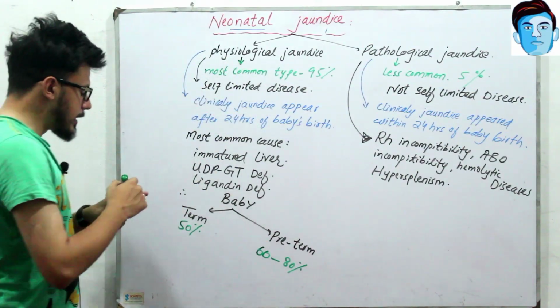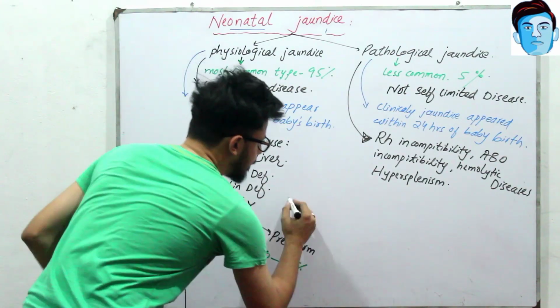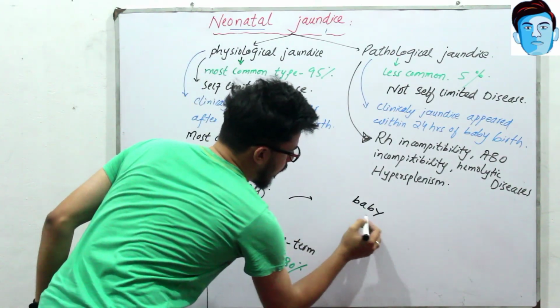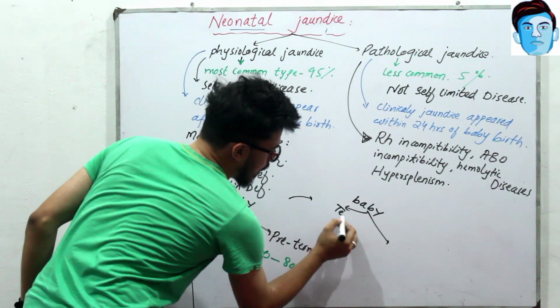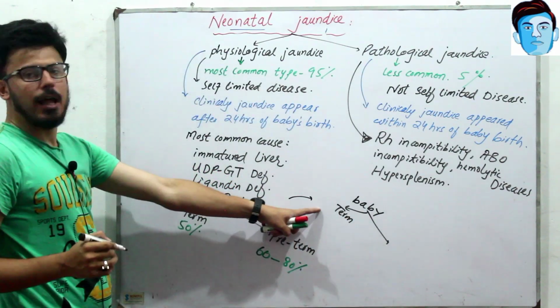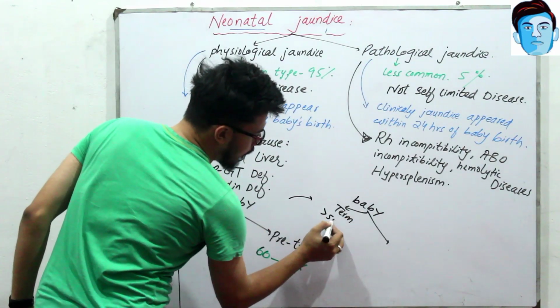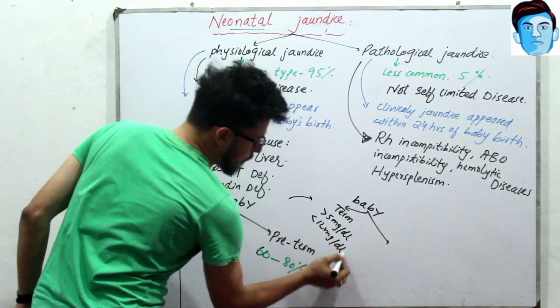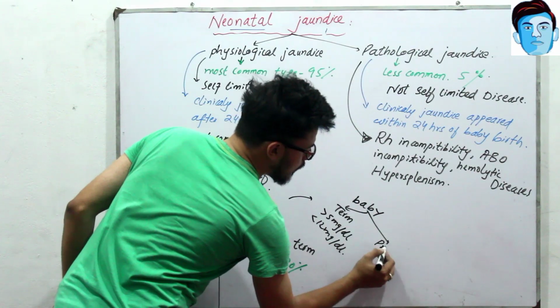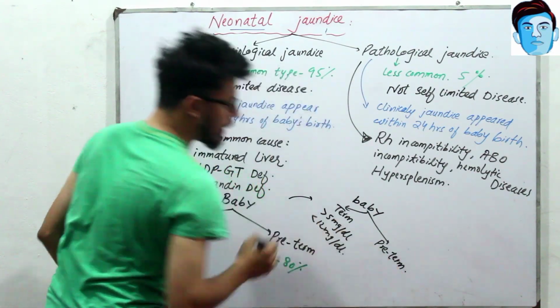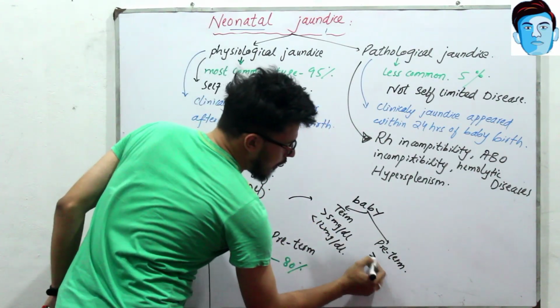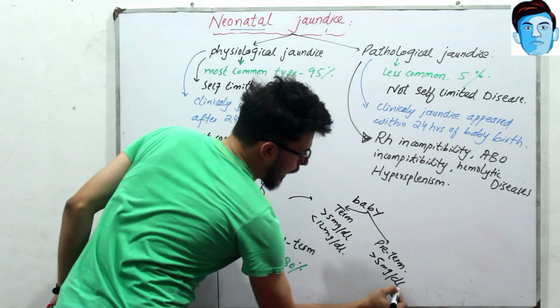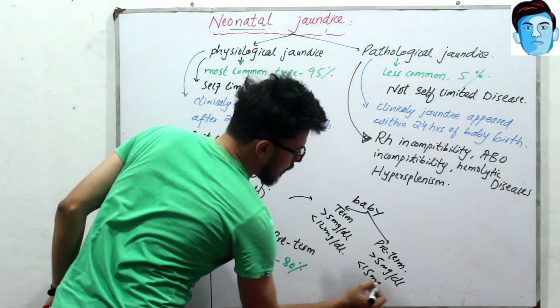So it is important. Secondly, if the baby is born at term, the serum bilirubin level here is more than 5 mg per dl but less than 12 mg per dl. While in a preterm baby with physiological jaundice, it would be more than 5 mg per dl and less than 15 mg per dl.